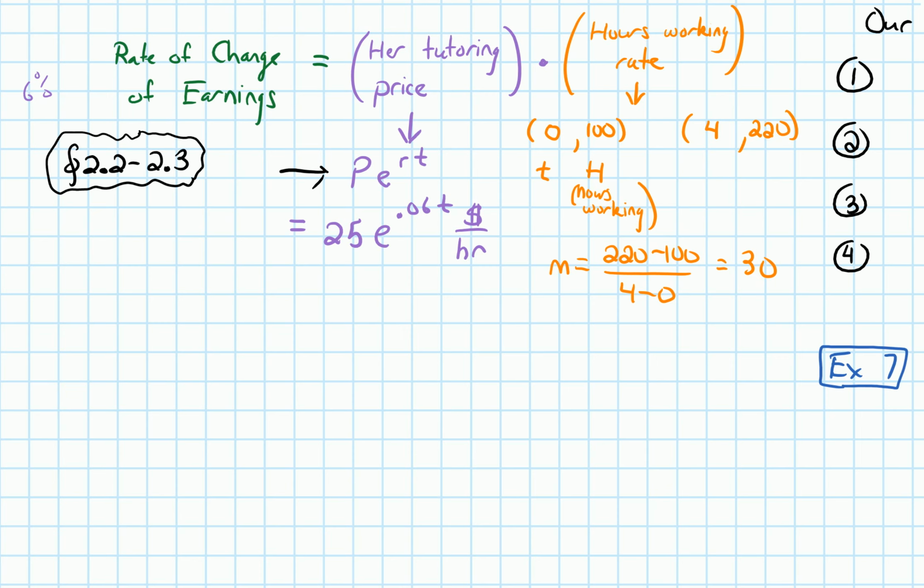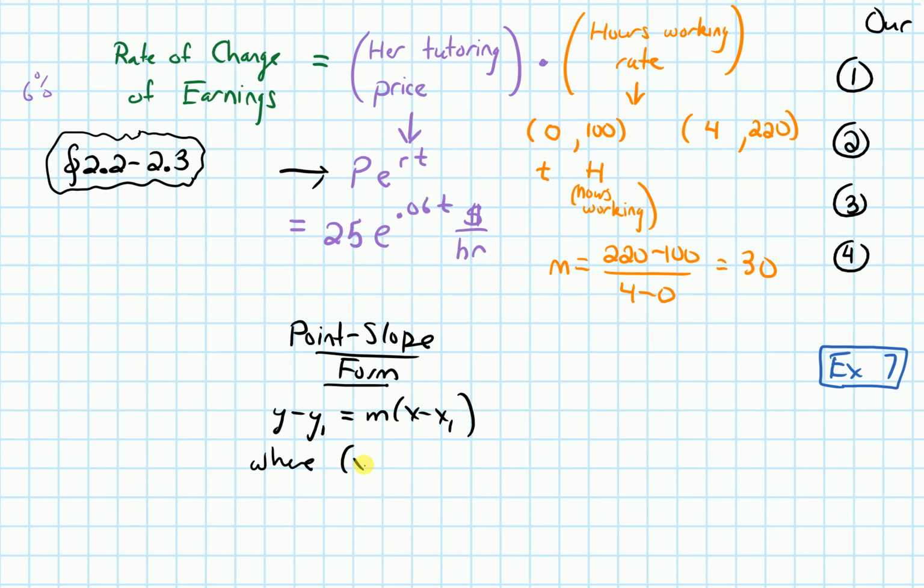So about 90% of the time in calculus, it is easier to write down the equation of a line using point slope form rather than using y equals mx plus b. So point slope form, as a reminder, is y minus y1 equals m times x minus x1, where (x1, y1) is a point on the line.